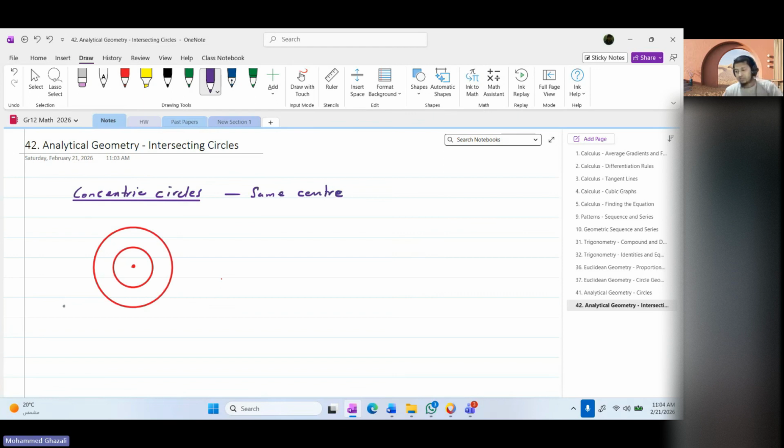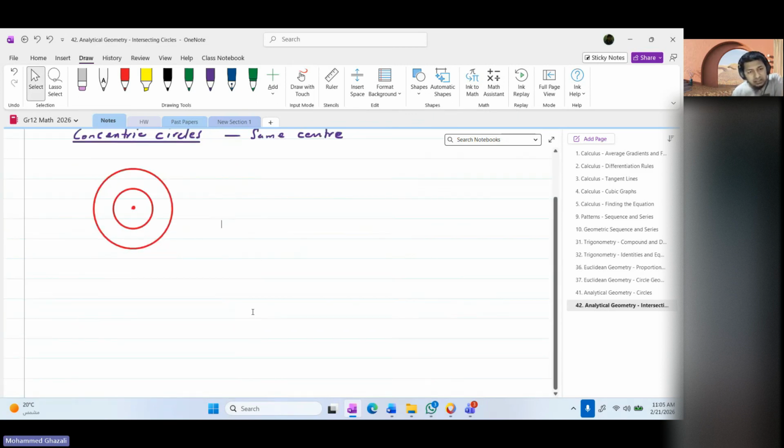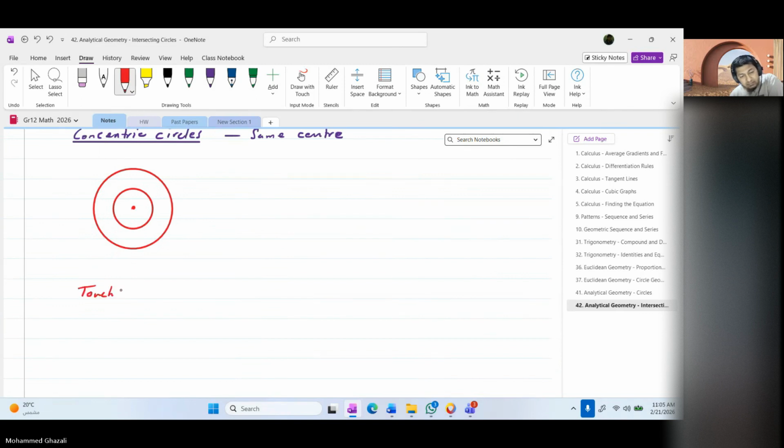Great. Let's move on to when circles touch internally and externally. So what is when circles touch internally? When they touch internally, we get a diagram like this.